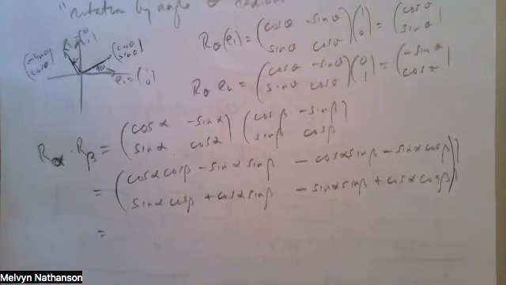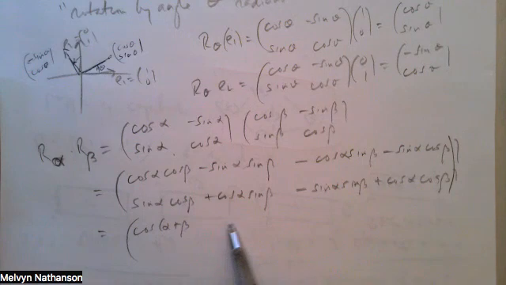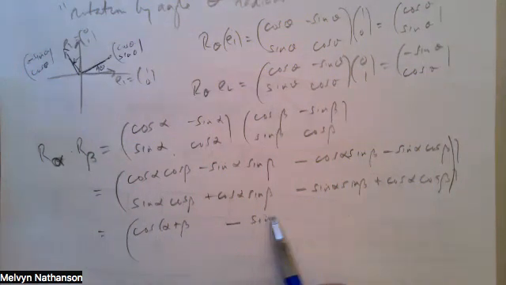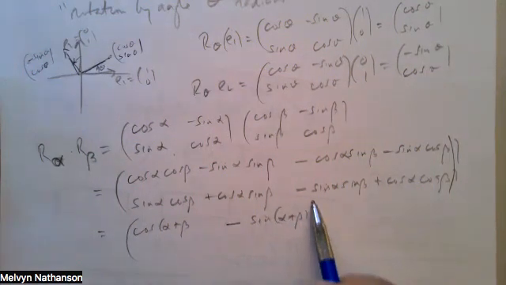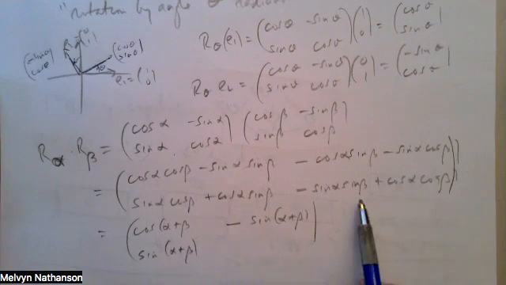And the addition formula for the cosine and the sine say this is the cosine of alpha plus beta. And this is minus the sine of alpha plus beta. And this is plus the sine of alpha plus beta.